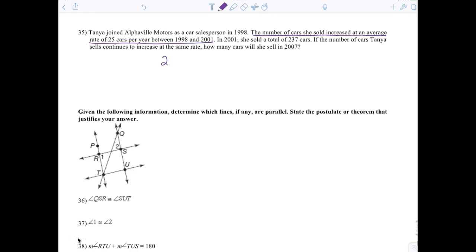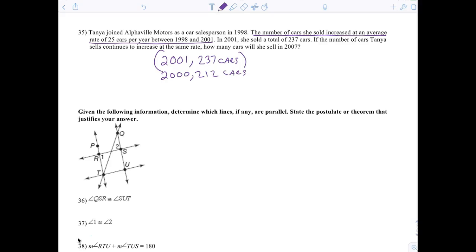So what I'd like for you to do is just write in 2001, she sold 237 cars. Now, if I was being safe, we could say then in 2000, she sold what? 212 cars.